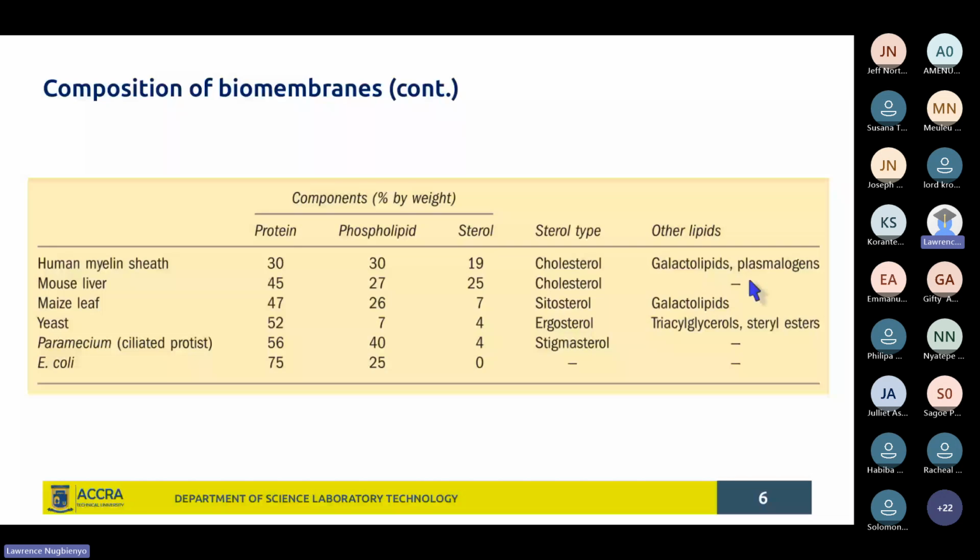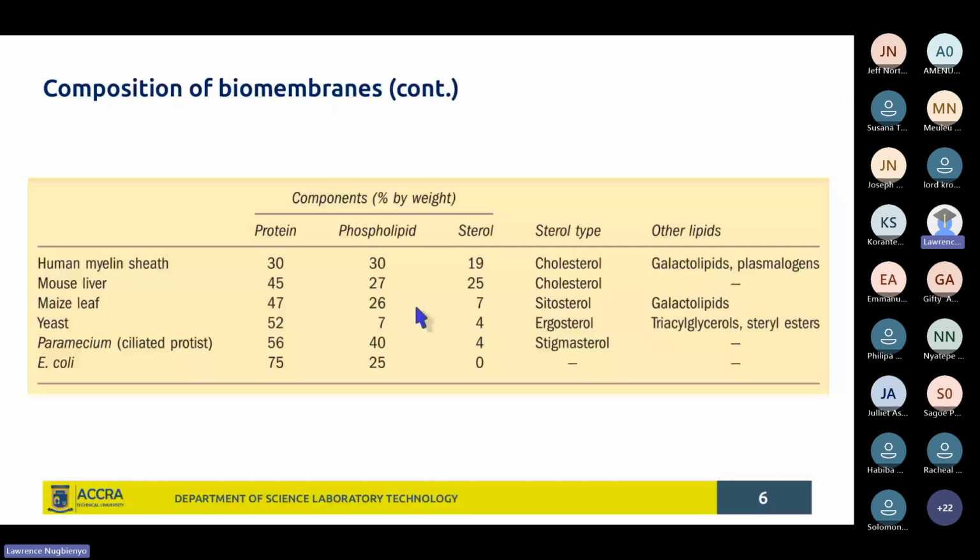If you take, say, the liver cell of a mouse, for instance, you can see the compositions are not the same. Like protein is higher here than in humans. Phospholipid composition is a little less than in humans. Sterols, there is more. And when you come down again, say for instance, I take a plant like a maize leaf, the proteins in there are even more, which is 47%.